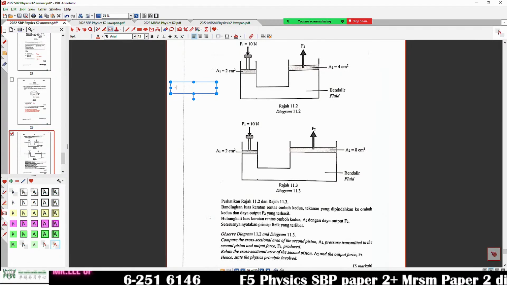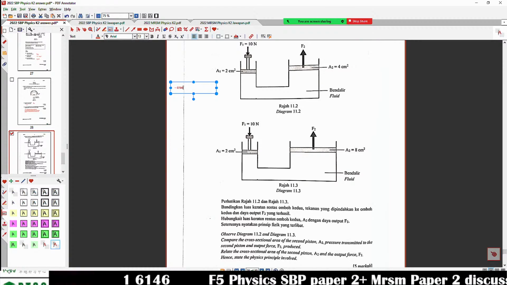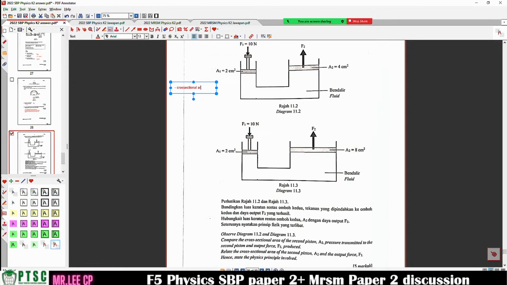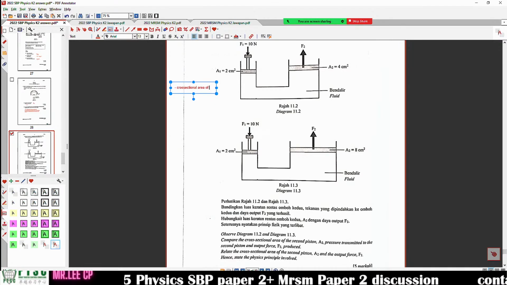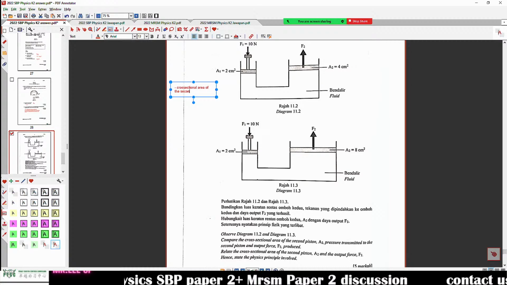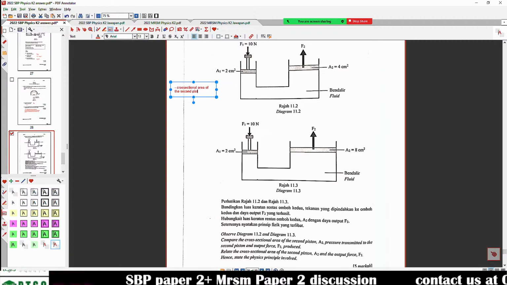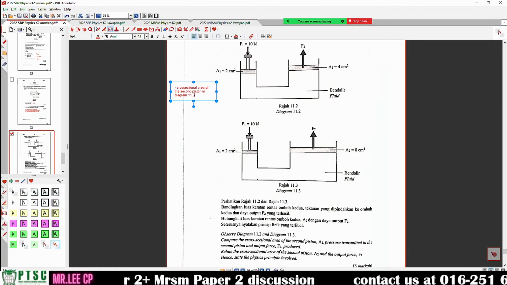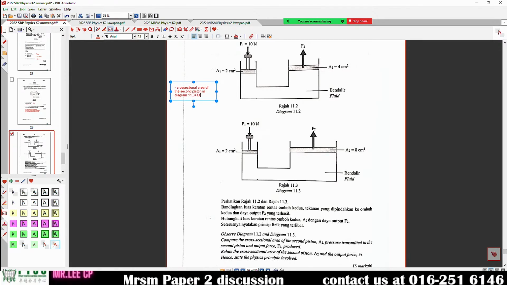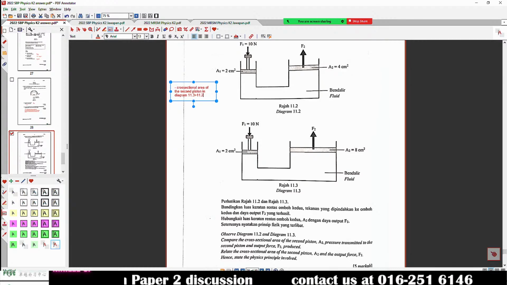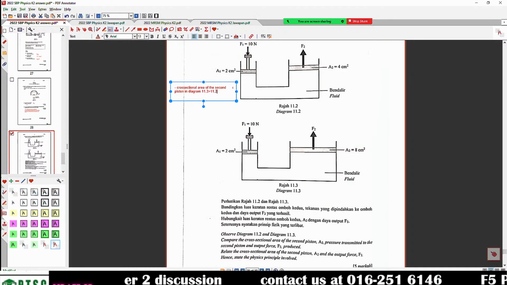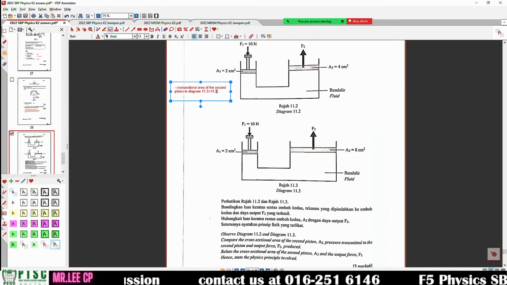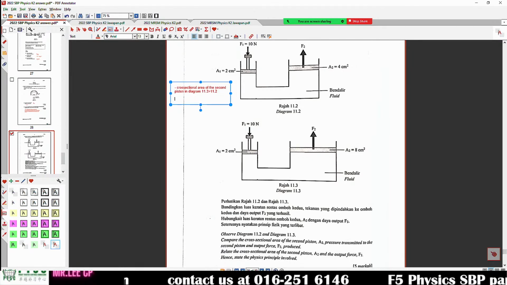Understand? The cross-sectional area of the second piston in diagram 11.3 is bigger than in 11.2. This is the mark that we have. If you don't mention 11.3 and 11.2, I cannot give you the mark. No way.